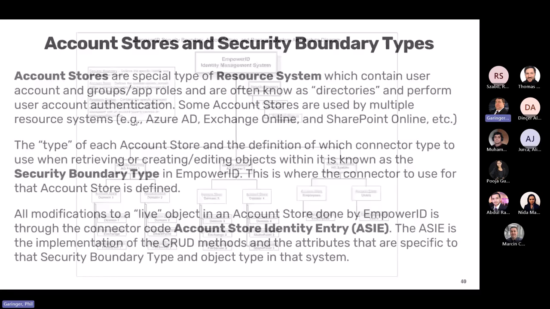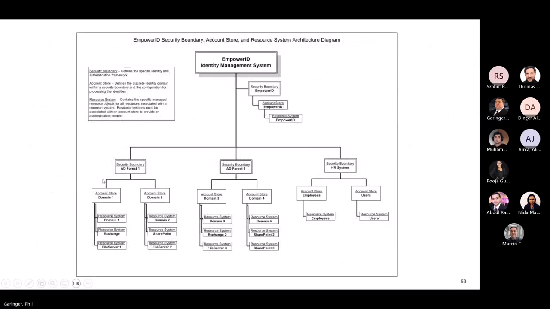But then, if we look down here, an example of a forest, an Active Directory forest. You've got your security boundary, which is the AD forest. You've got two domains, which would be two different account stores associated with that forest under that same security boundary. You've got your resource system that corresponds to the domain. And you've got your Exchange resource system that corresponds to that domain, getting its accounts, its identity objects from the domain. And then you've got a file server.